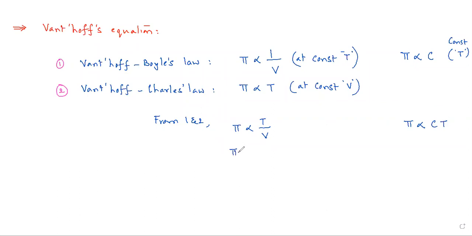Now, pi V is proportional to T. Pi V is equal to ST, where S is a constant. It takes up the value 0.0828 liter atmosphere per mole per Kelvin.